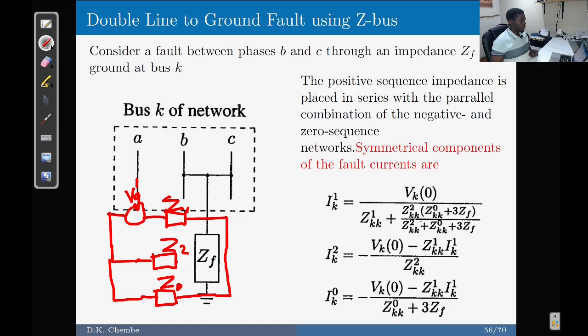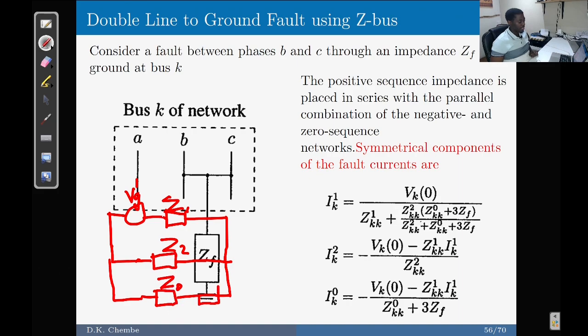Okay, so these two are solved as parallel and then connected to the positive sequence, and therefore what you get for the currents is VK0 over Z1KK, which is answering for that, and then these two are in parallel.